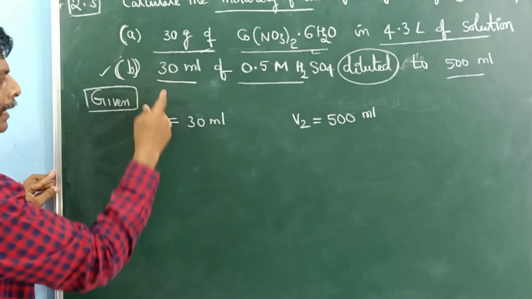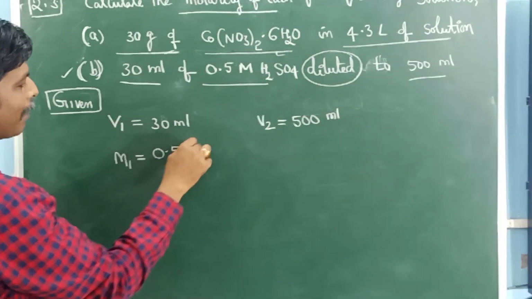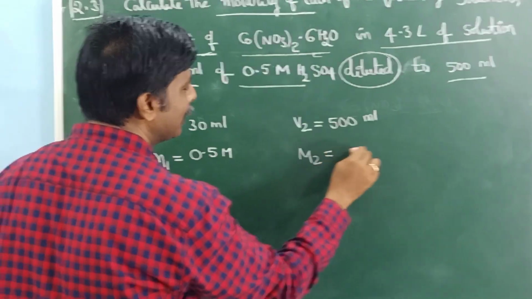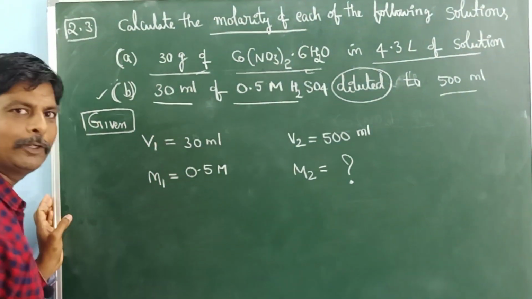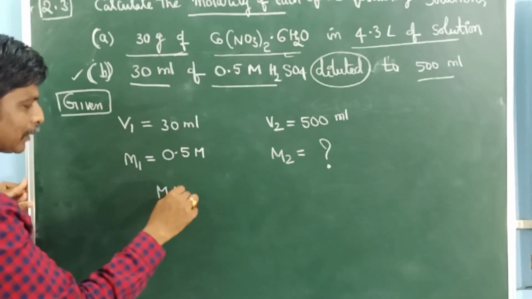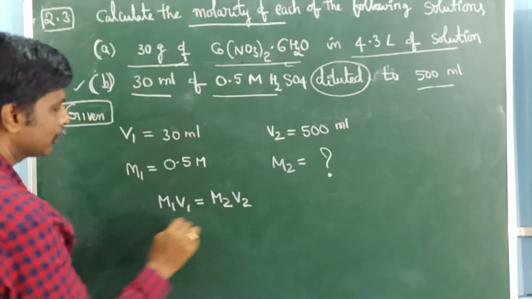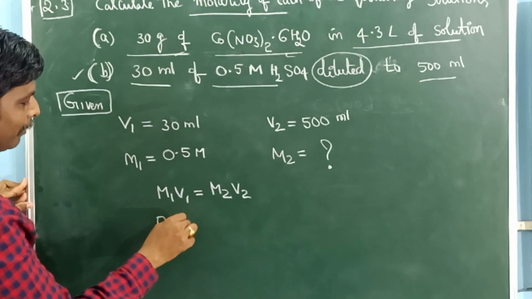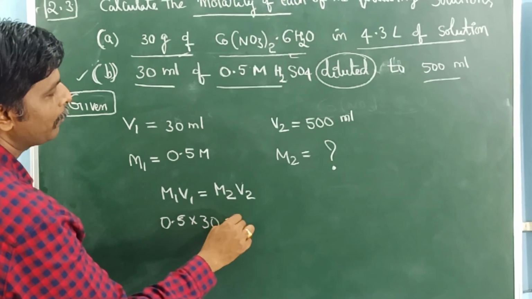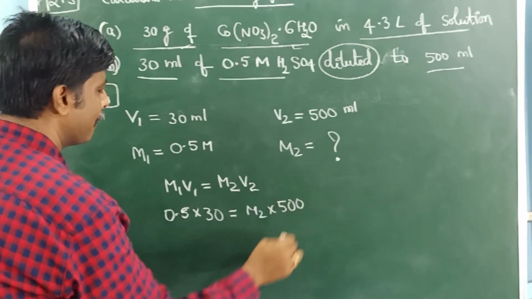Before dilution, what is the molarity? 0.5 M. After the dilution, what is the molarity? That one only you have to calculate. M2 is the question mark. You know the law of dilution, already explained in formulas: M1 V1 is equal to M2 V2. So M1 0.5 into V1 30 is equal to M2 into V2, 500 ml.